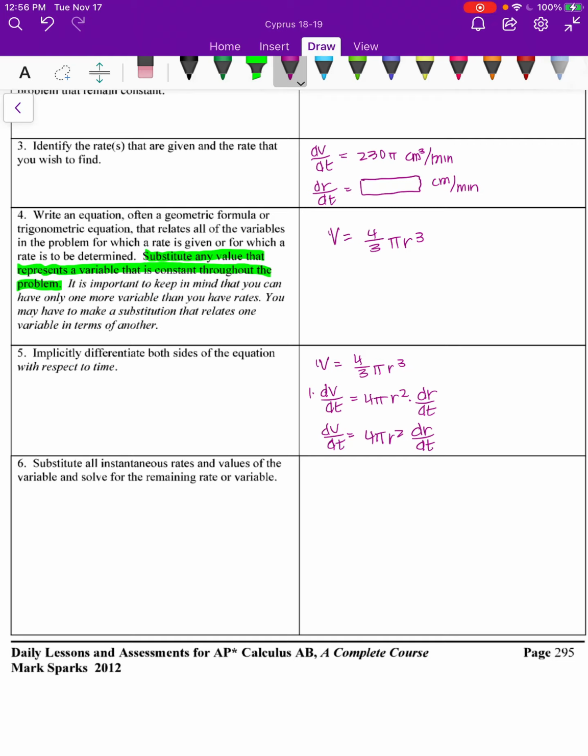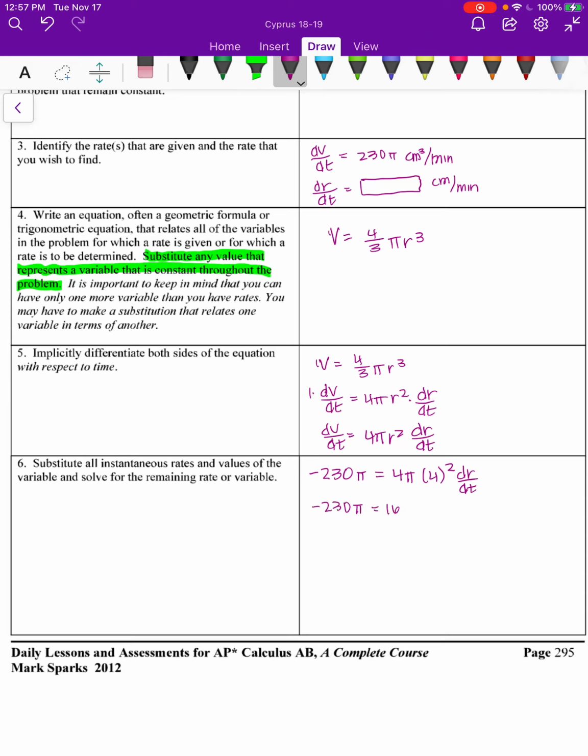So for this one, instead of just writing 230 pi for dV/dt, I'm going to write negative 230 pi equals 4 pi, and then instead of r squared, they want me to look at when r is 4, so 4 squared, and then I'm trying to figure out what dr/dt is.